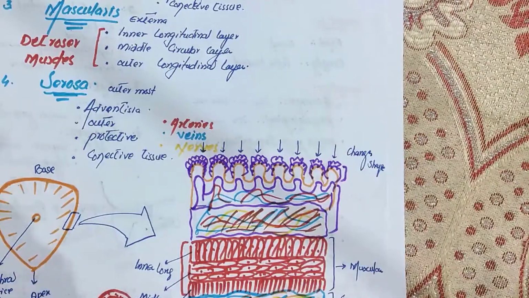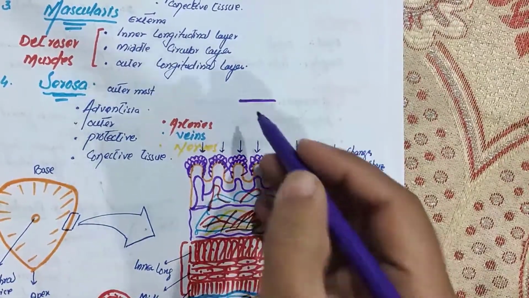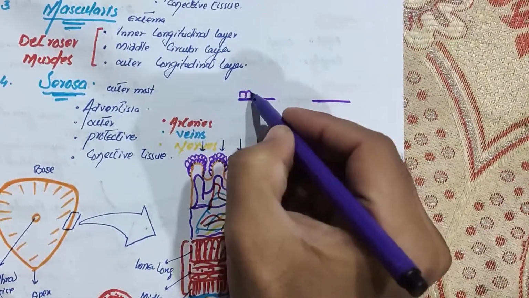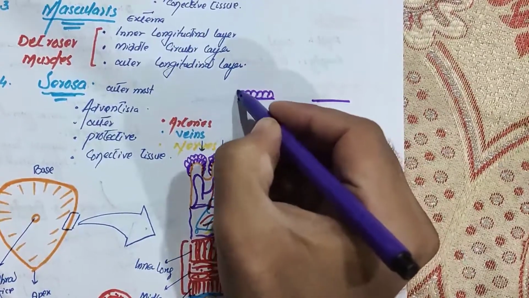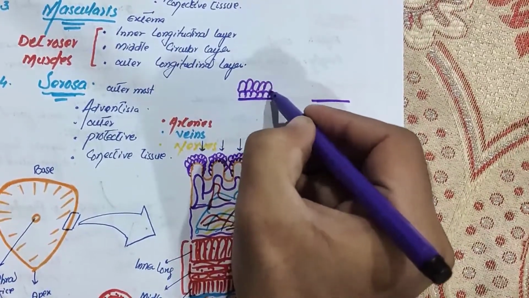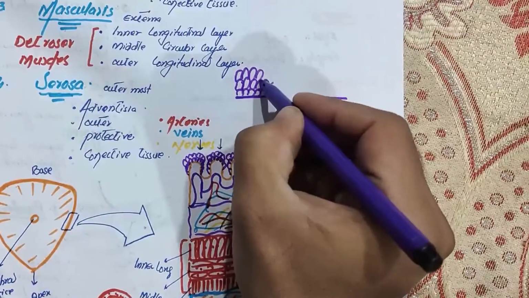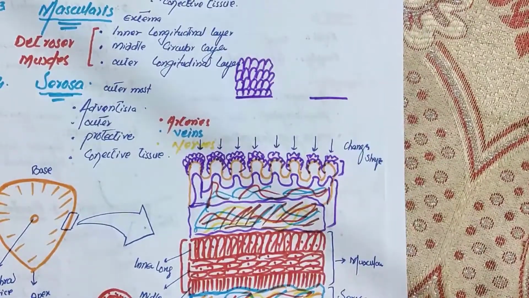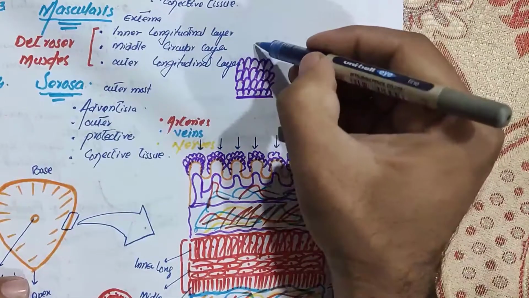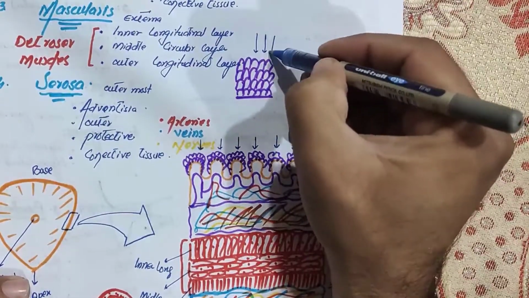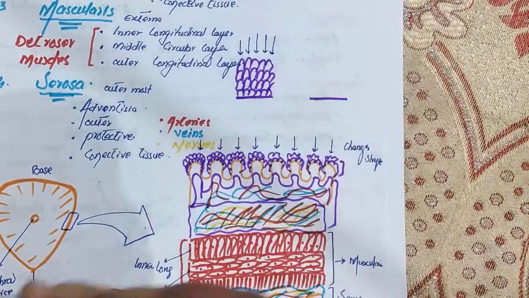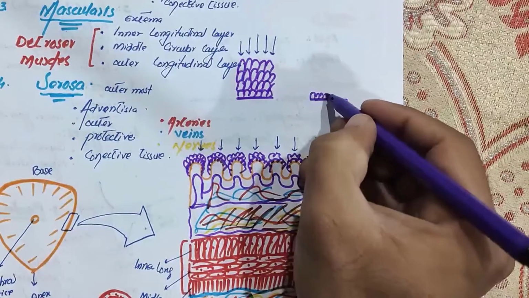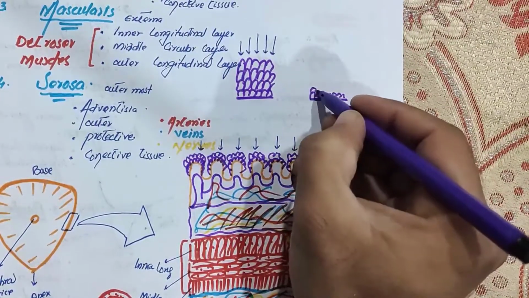Okay, let me make it very clear for you. This is the basement membrane again, and here is the transitional epithelium. I want to show you guys, this is a little bit stratified. This is the transitional epithelium. Now look carefully. Whenever there is lots of urine in your urinary bladder and that urine applies force on this transitional epithelium, it will adapt itself and reduce the cell size like this.